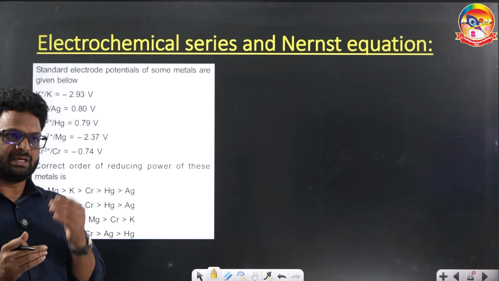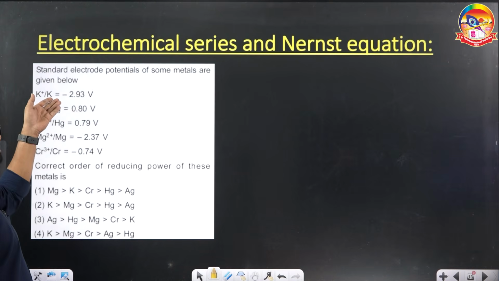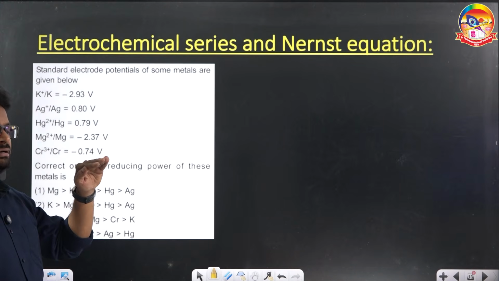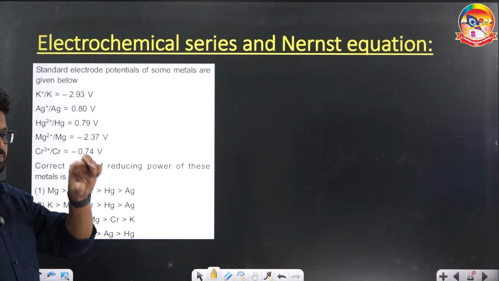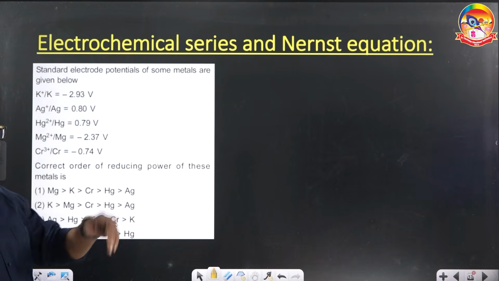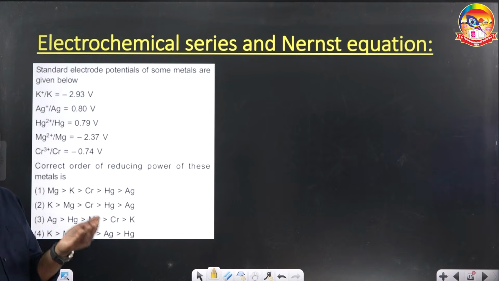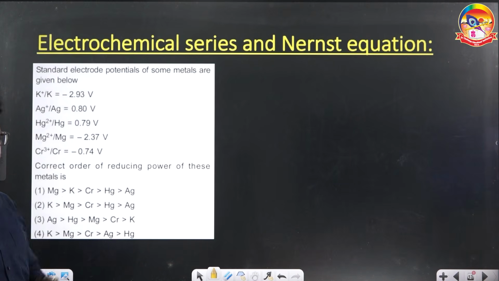For example, K+ has a reduction potential of minus 2.93 volts. It represents that it has 2.93 volts less tendency to undergo reduction than H+. H+ undergoes reduction more easily when compared with K+, or with any ion which has negative SRP. Positive SRP says that the particle undergoes reduction easily when compared with H+.